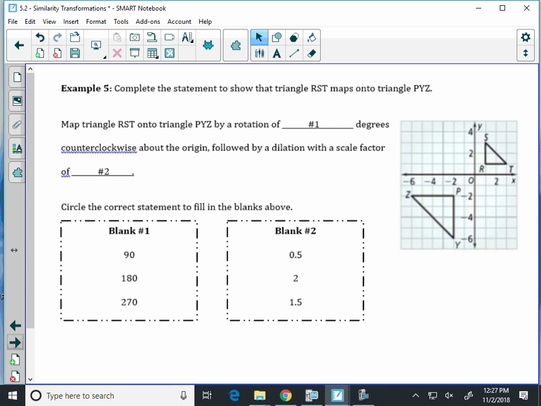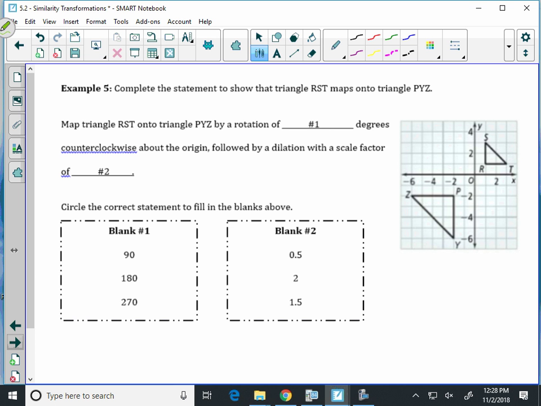Again, with these, the answer is somewhere; you just have to guess and check. You have to figure out what rotation we did. If you can't recognize this, then try a 90-degree rotation, then try one of the scale factors. If that doesn't work, try the next one. Go down your list.